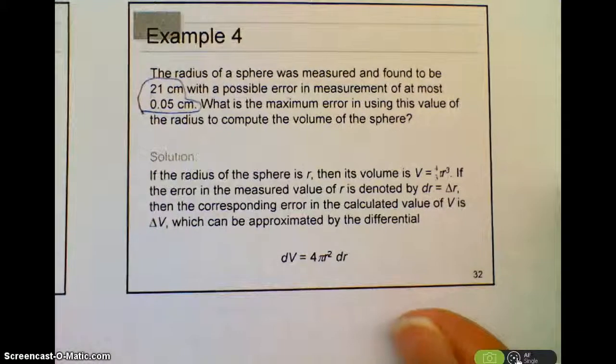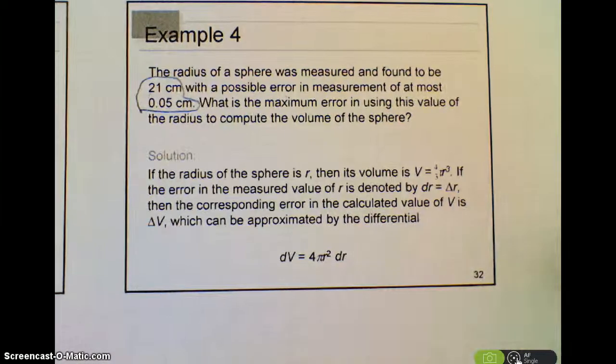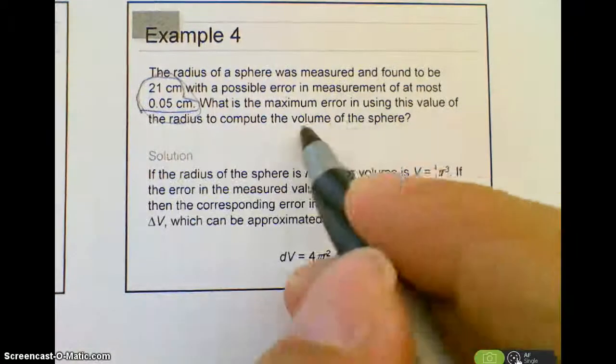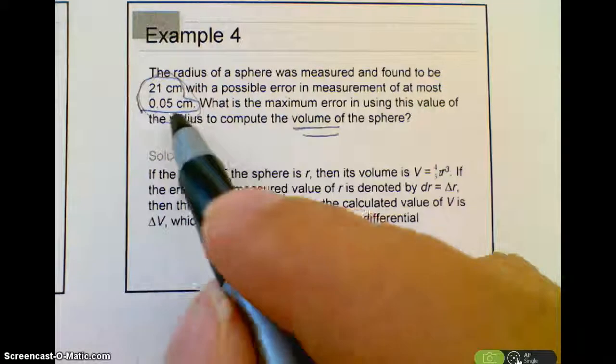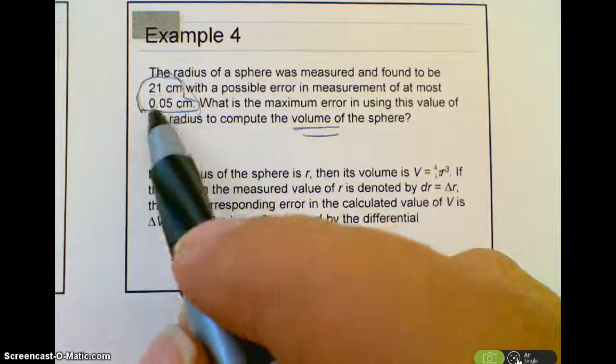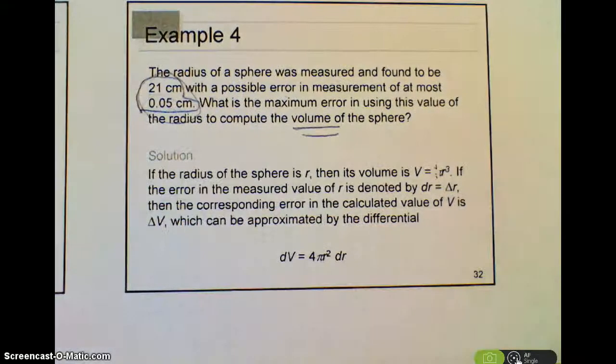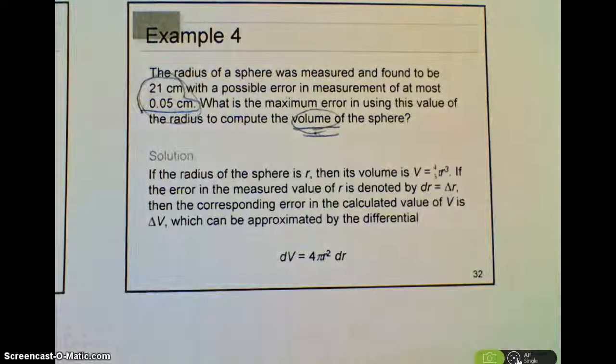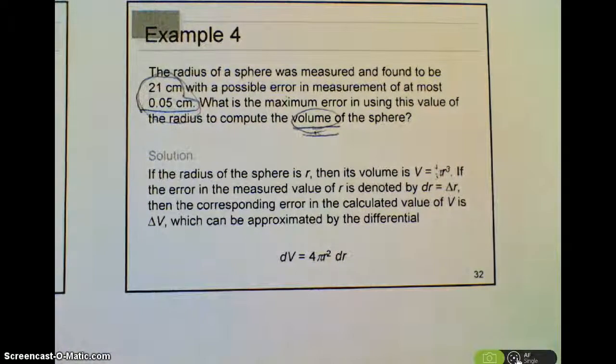So it asks, what's the maximum error in using this value of the radius to compute the volume of the sphere? Because you're going to use this measurement to find another measurement, there's always so much that you can be off by. Otherwise you're really going to be miscalculating, in this case, the volume.